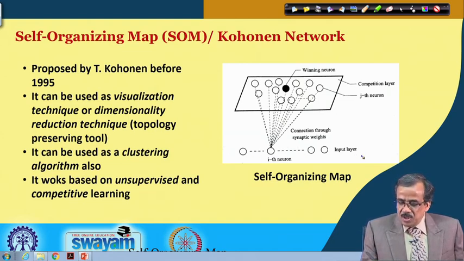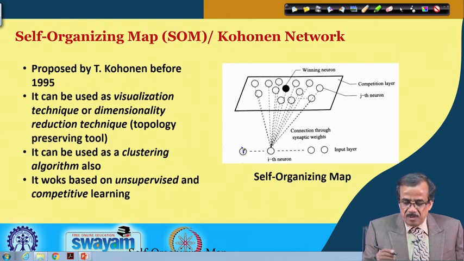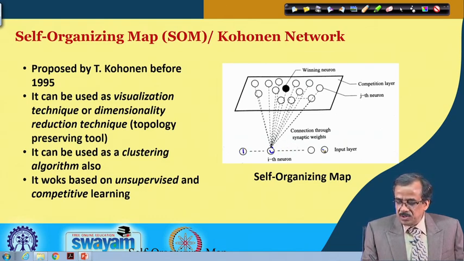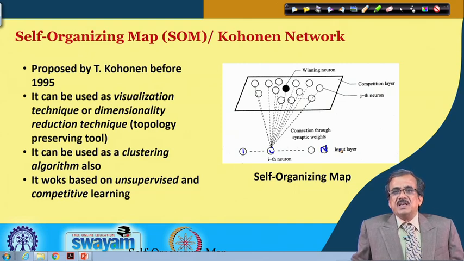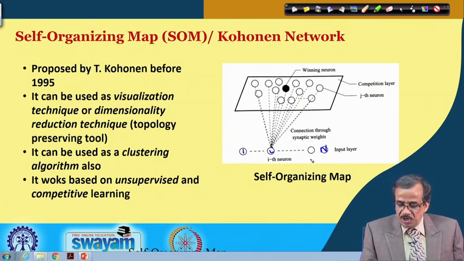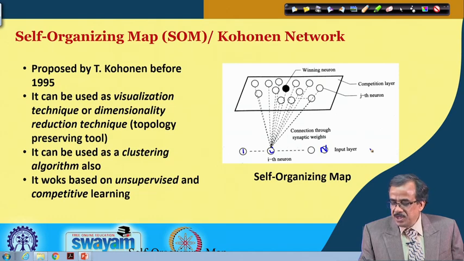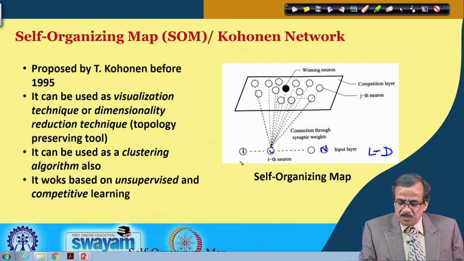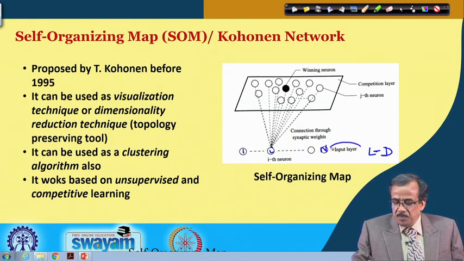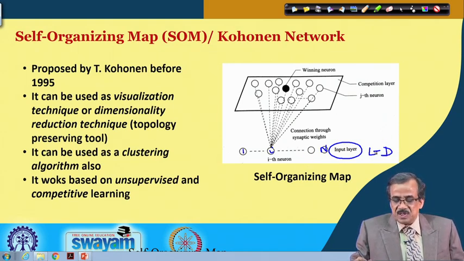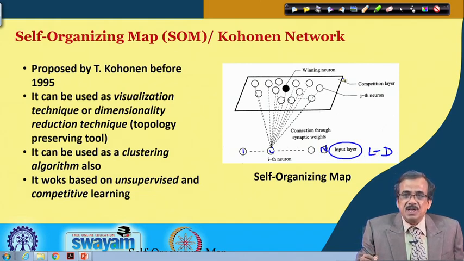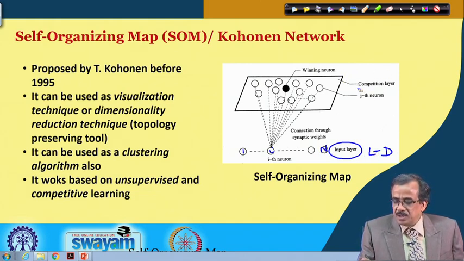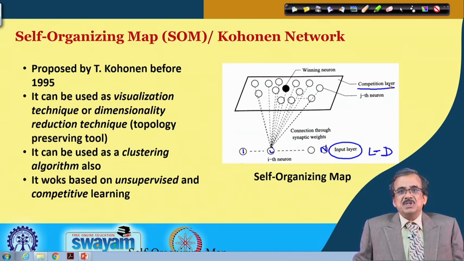For example, say, this is the ith one and this is the nth one. So, I have got say capital N number of data points in higher dimension, say these are in L dimension, LD, okay, and those particular data will be passed through the input layer of this network, and our aim is to map these higher dimensional data, that is the L dimensional data, to the lower dimensional layer, and that is nothing but the competition layer for the purpose of visualization.